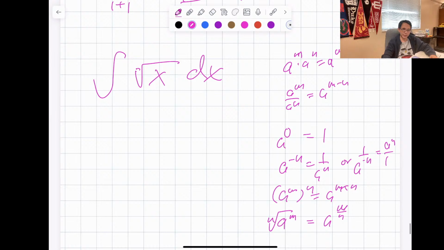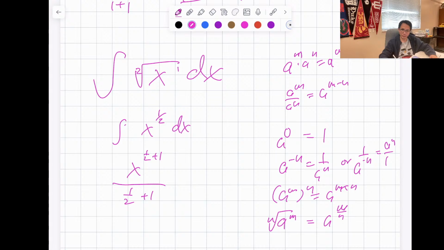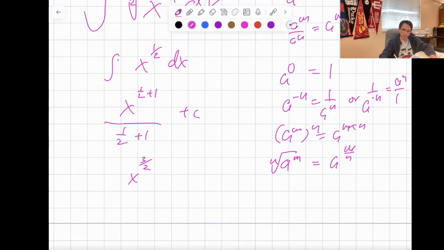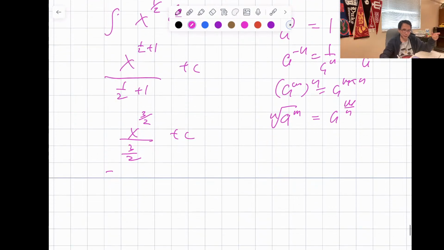So here this is a 2, this is a 1, so that's going to be x to the 1 over 2 dx. So it'd be x to the 1 over 2 plus 1, over 1 over 2 plus 1. Now you know that this is x to the 3 over 2 over 3 over 2 plus c. If you divide by 3 over 2, that's going to be 2 over 3 x to the 3 over 2 plus c.